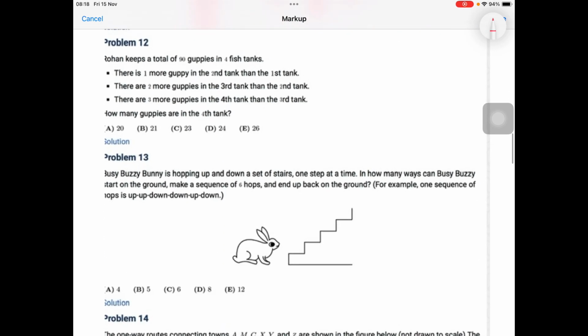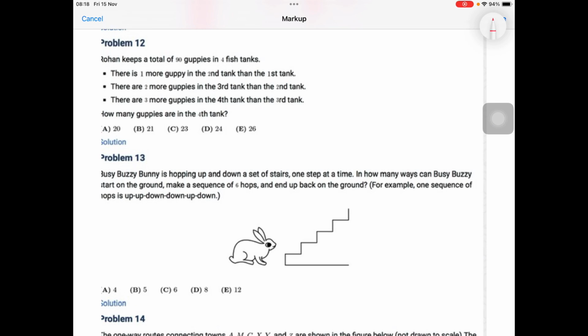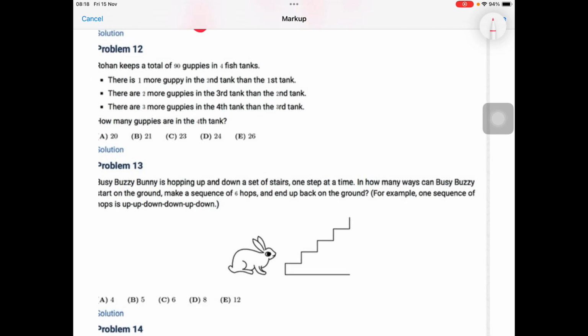Problem 12. Rohan keeps a total of 90 guppies in 4 fish tanks. One more guppy in the second tank. Okay. So T2 has one more. And third tank, second tank 2 more.